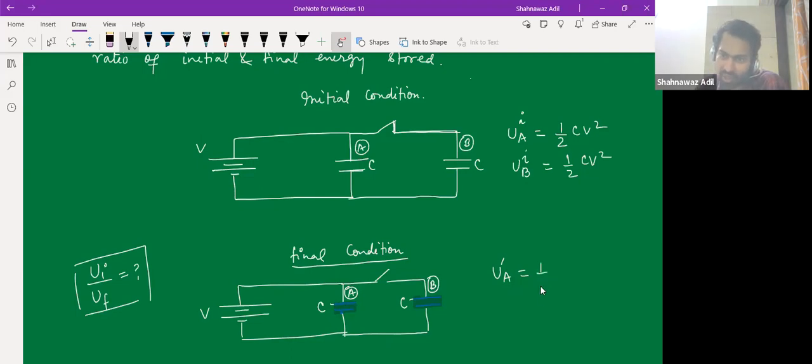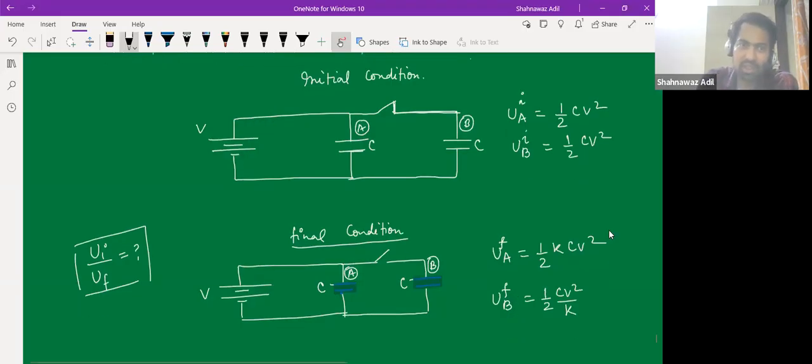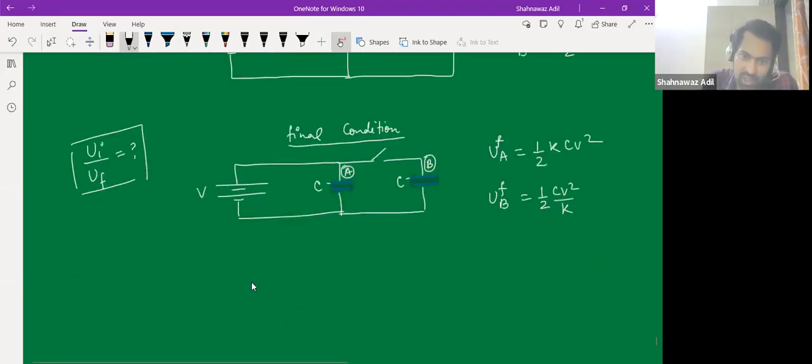So it will increase by K times, and this is final. And in B, would this increase or decrease? Decrease by K times. Good, you guys remember. So this would be the final.